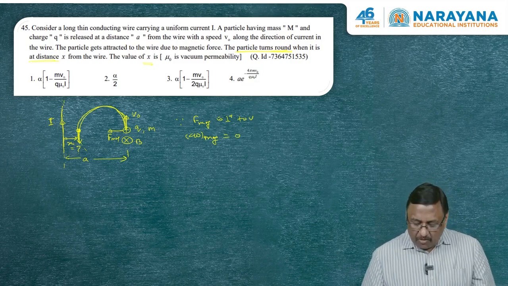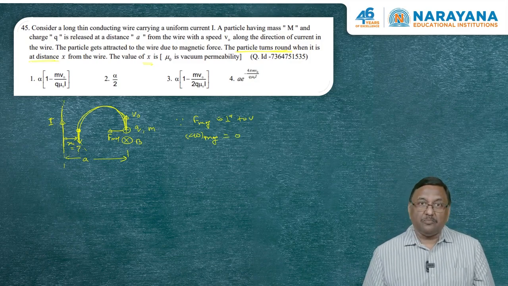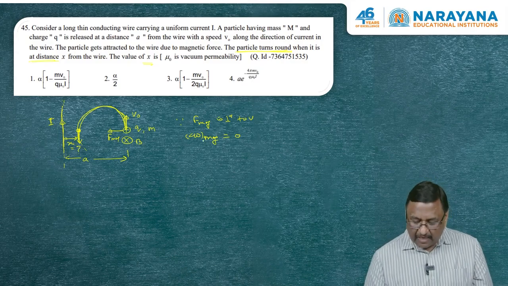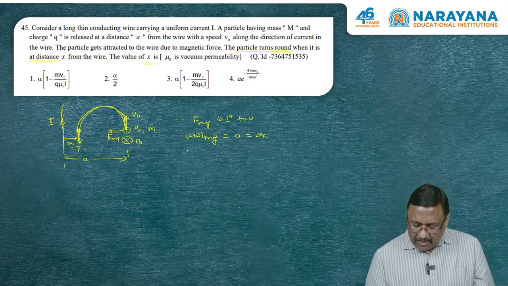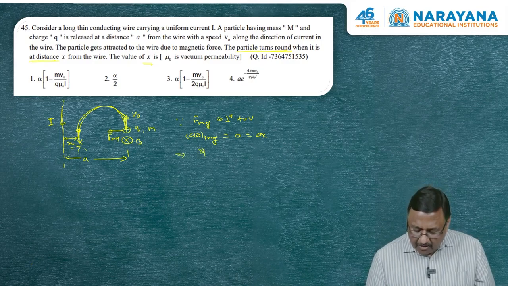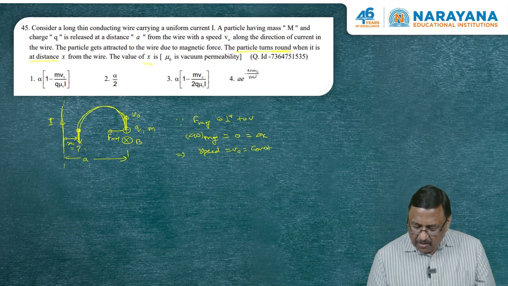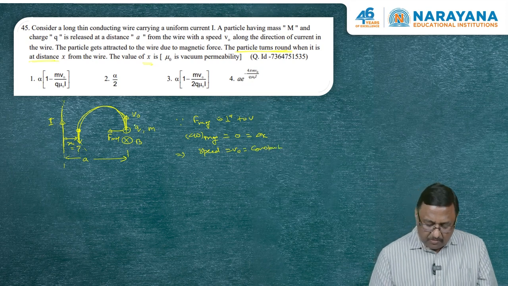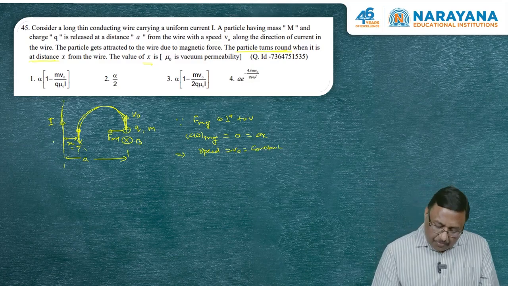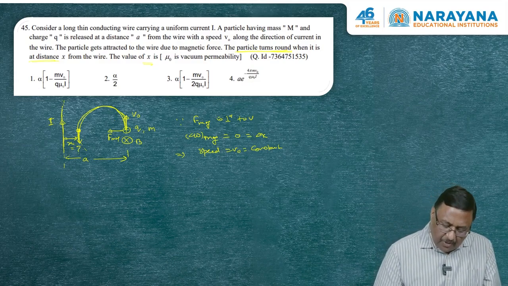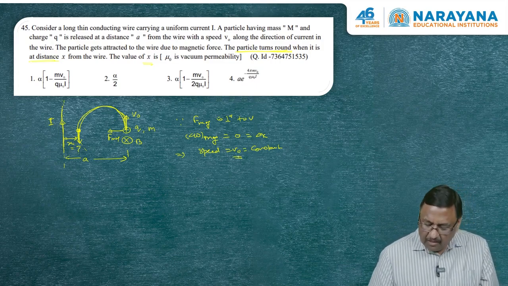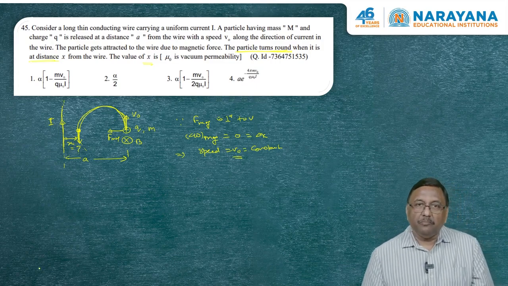Because there is no other force acting on this body except the magnetic force, the work done is nothing but delta K, so the speed of the particle will remain constant, that is V naught. At any point on the path of this particle, the velocity of the body is V naught only, magnitude wise.